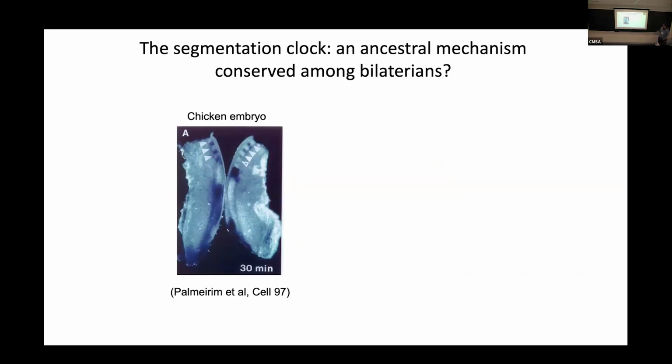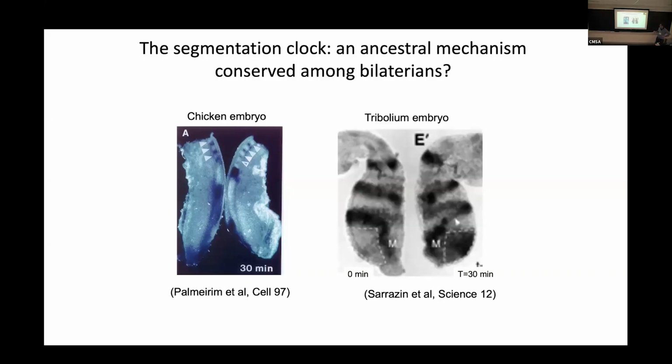This clock was first identified in vertebrates, in the chicken embryo, and then in mouse, in zebrafish, and many other vertebrate species. And it turns out that there is also some similar kind of mechanism at play in insects, so in invertebrates.